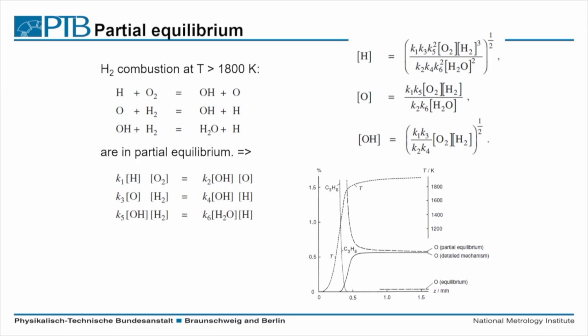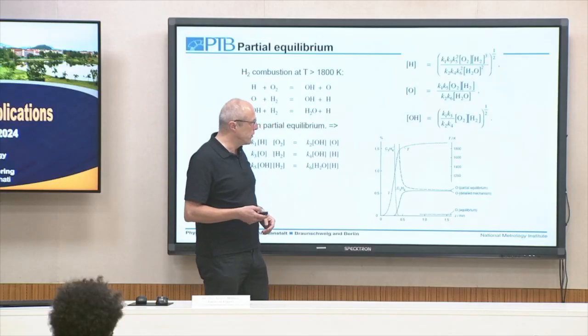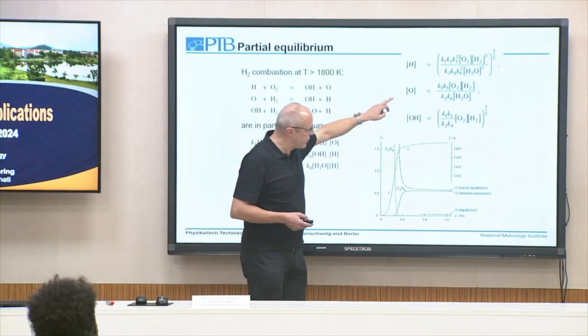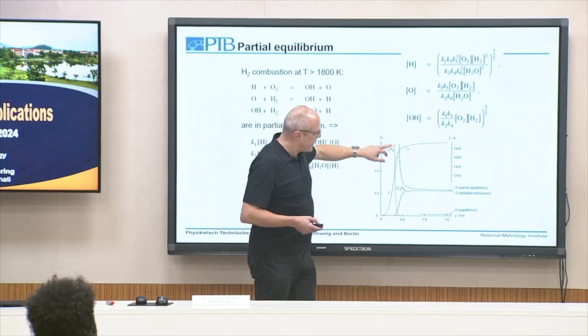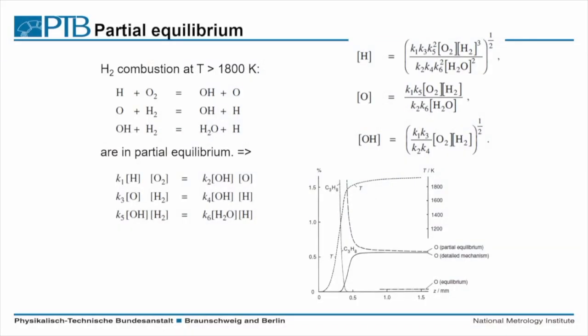So with some simple mathematics we can yield these equations here, and if we plot this, we see that the partial equilibrium we see here for the oxygen atom at a given height over the burner where we have high temperatures is nearly identical to the detailed mechanism.